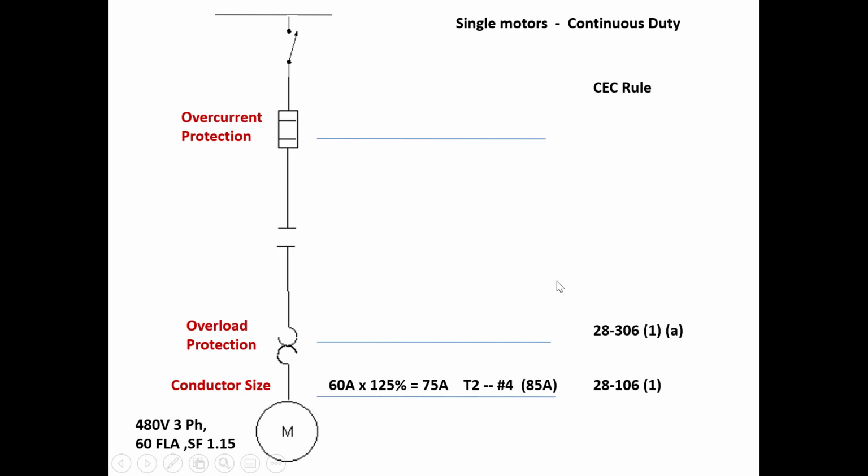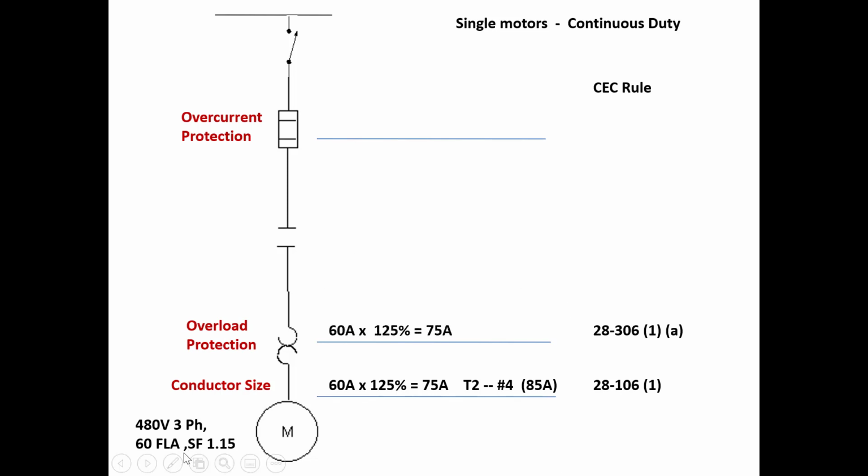Then we size our overload protection, which gets us to 28.306, and that's specifically for the overload protection for the motor. It basically says that whether fixed or adjusted under subrule 1A, we're going to do 125% of the full load current rating of a motor having a marked service factor of 1.15 or greater, and 115% if it's less than 1.15 or not marked, because if it's not marked, we're going to say it has a service factor of 1.